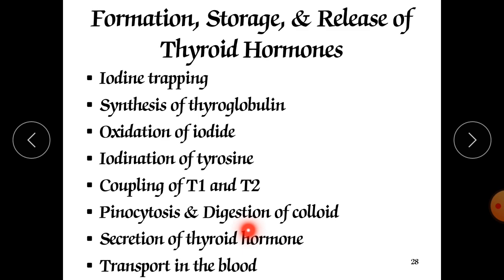So due to that message, what will happen? There is less secretion of thyroid stimulating hormone, due to which less thyroid hormone will be produced. And that is also another example of hypothyroidism.